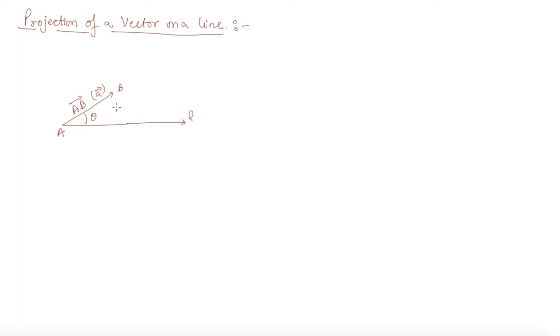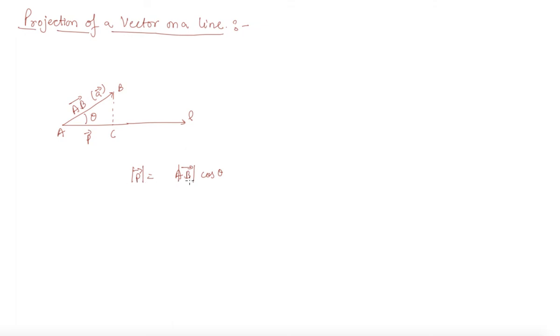Then the projection of vector AB on line L is a vector P. Let's say this point is C, and AC is given by the vector P, whose magnitude is mod AB cos theta, and the direction of P is the same as that of the line.